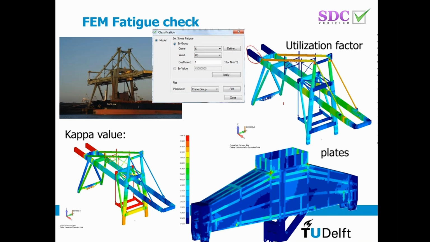You can see that over the height of your beam you have a certain value, and this is typically the pictures you can get from there. If you go to more detailed models like plate models, you get fatigue results like this, and you can clearly see all the welds popping up, and you can see that here with stress concentration factors you do expect problems.